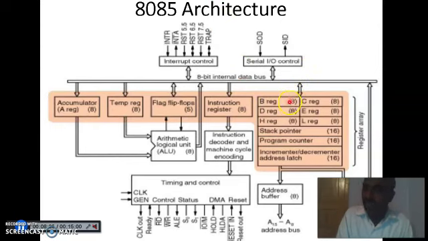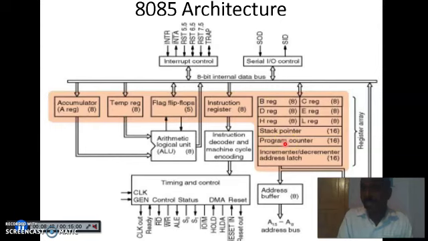For example, the B register is an 8-bit register, and the C register is an 8-bit register. If they are combined, it is called a 16-bit register or register pair. Clear?